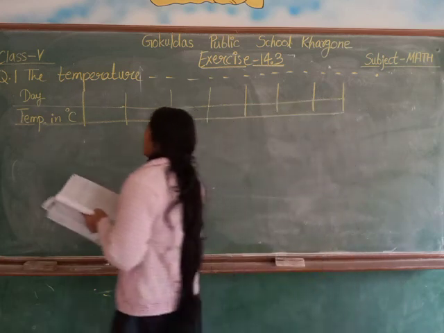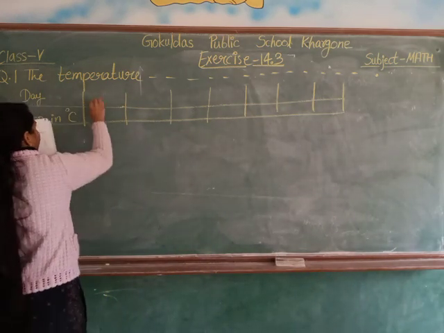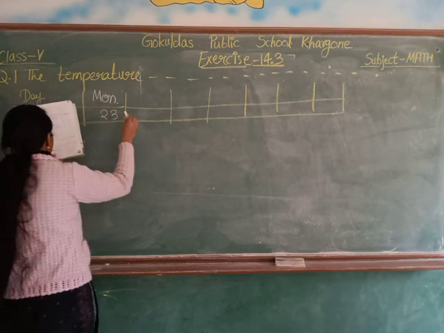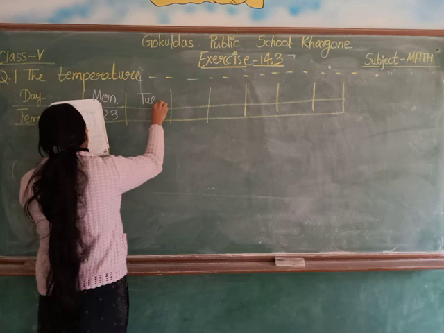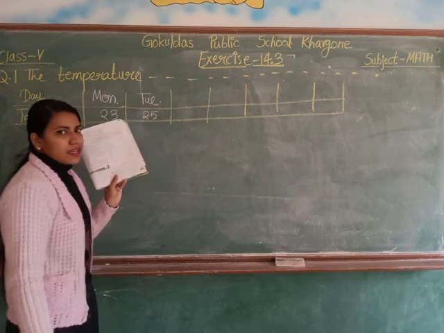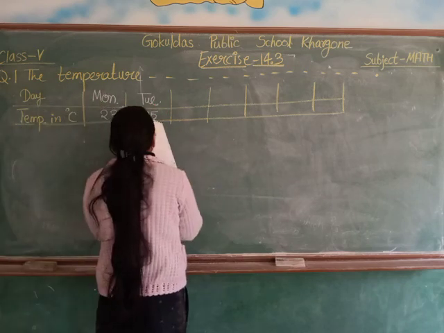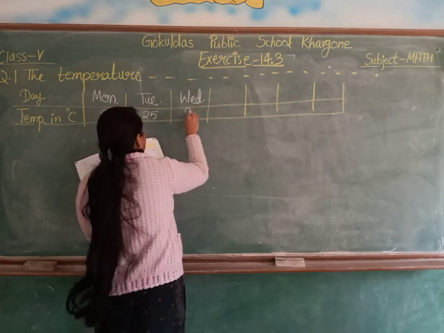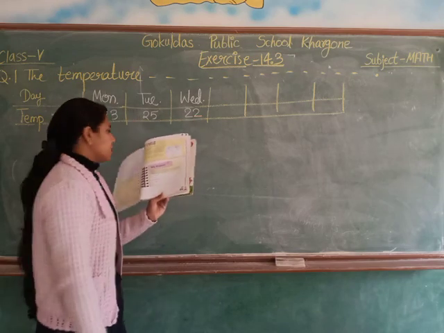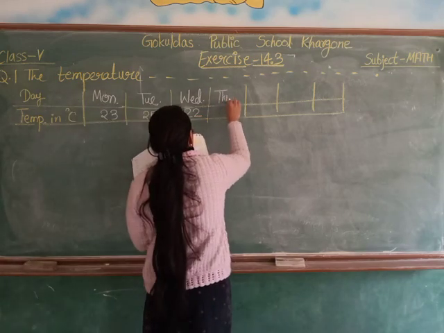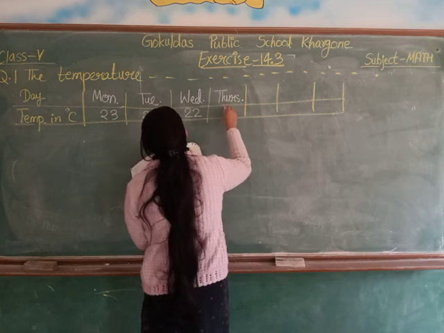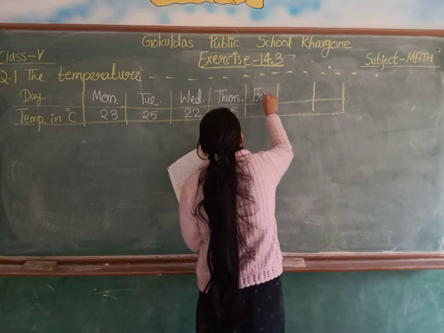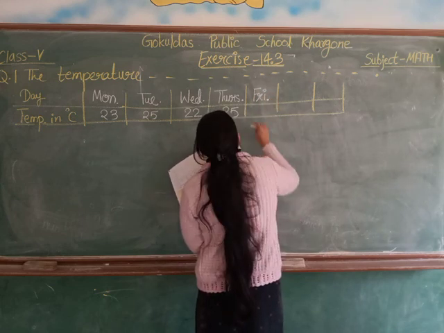Okay. In the table, what is given? On Monday, the temperature was 23 degrees C. On Tuesday, the temperature was 25 degrees C. On Wednesday, the temperature was 22 degrees C. On Thursday, the temperature was 25 degrees C. On Friday, 27 degrees C. These are all the given data in the table.